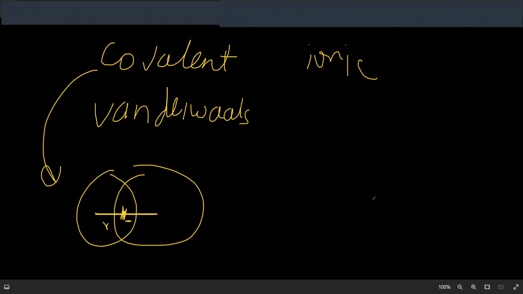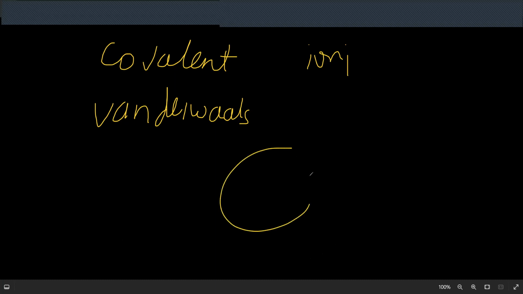And ionic radius is this, r. A distance between the center of the nucleus and a point up to which the nucleus has its influence on its electron in an ion.